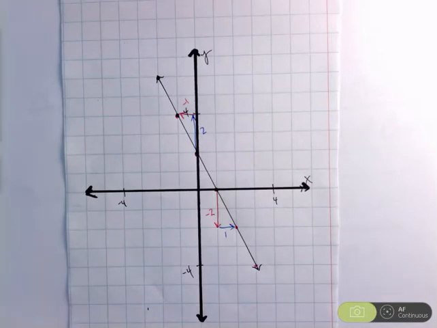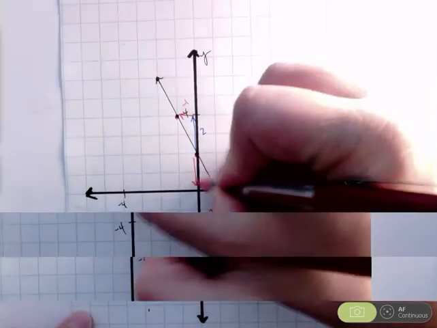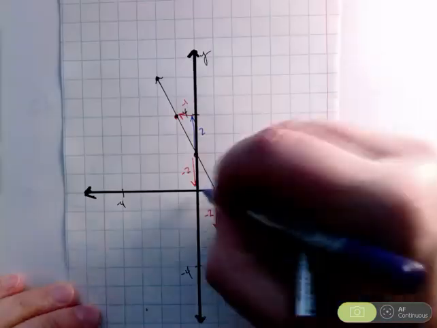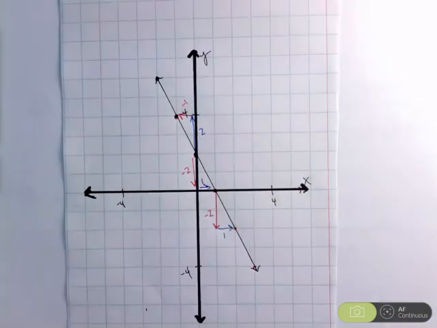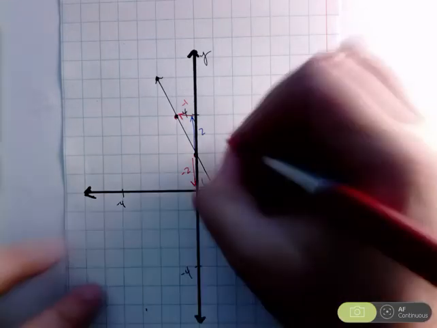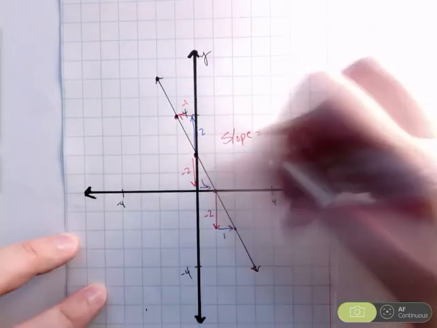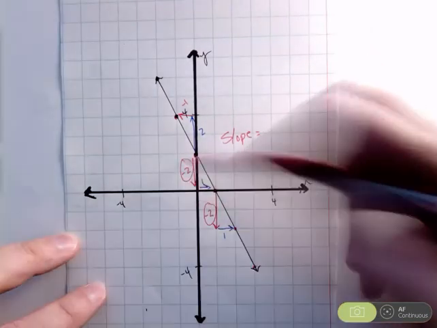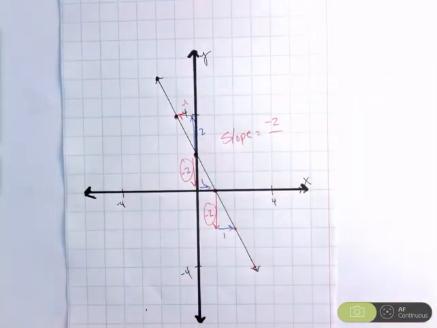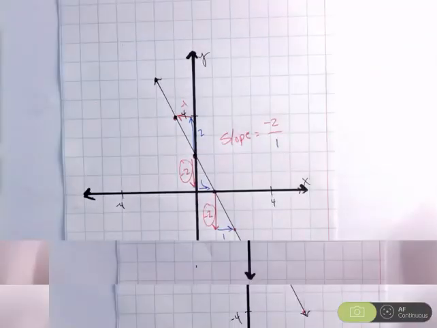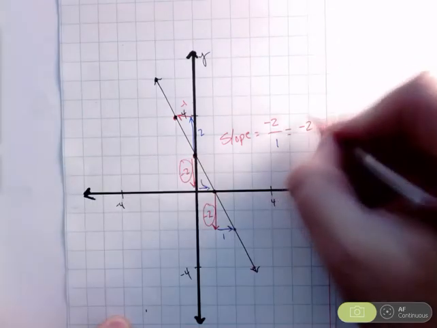So here again, down 2, to the right 1. So this slope is going to come out negative because my vertical change was -2. My horizontal change was +1. -2 divided by 1 is -2.